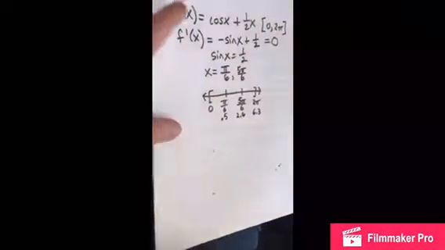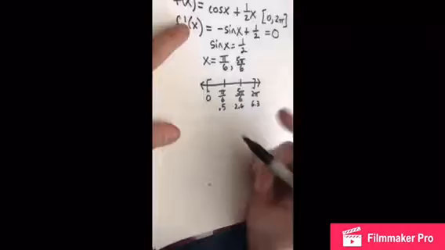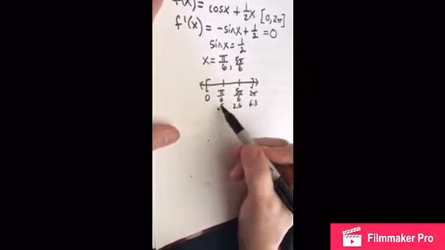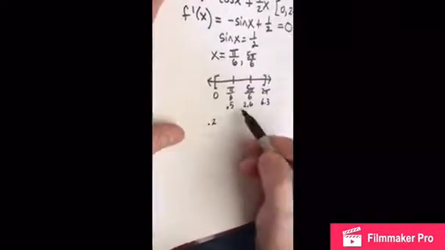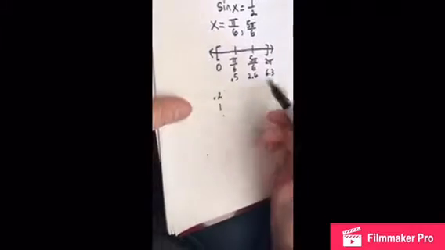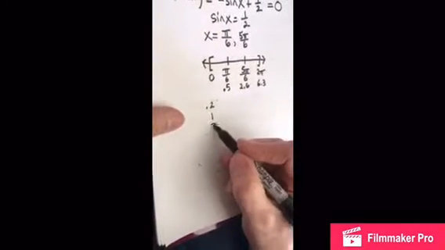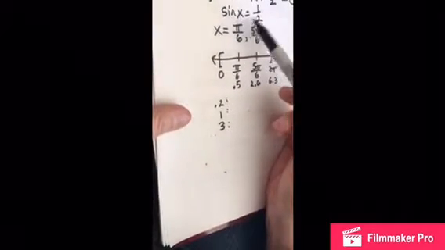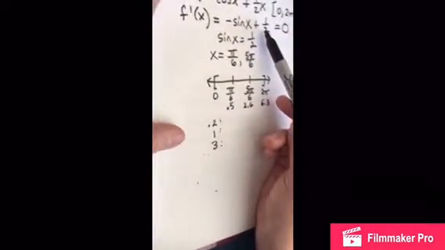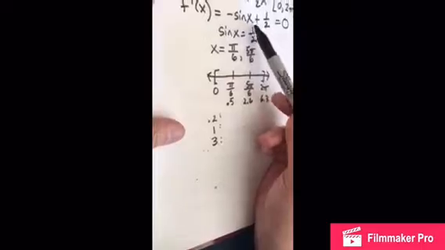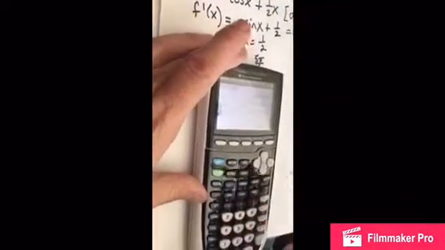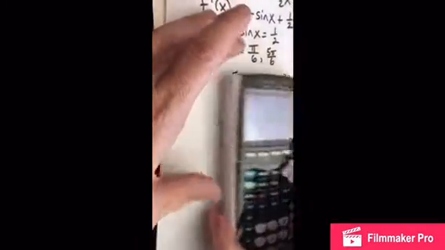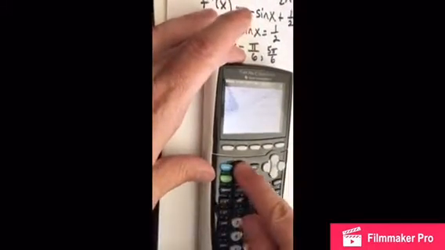So we put those values. That might help. And then you're going to put some value that's in between here, maybe a 0.2. Something in between here, maybe a 1. Something in between here, maybe a 3. And you're going to evaluate. So our first derivative is right here. If we take negative sine of 0.2 plus 1/2, and we'll have to make sure that our calculator is in radians.